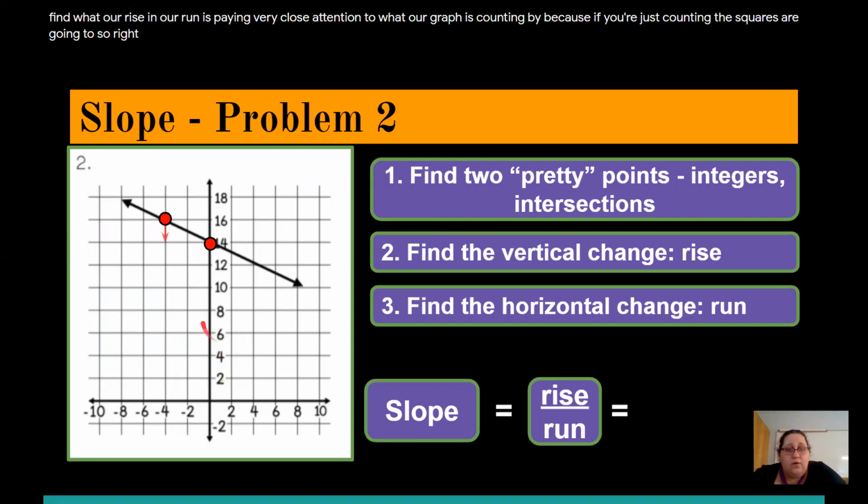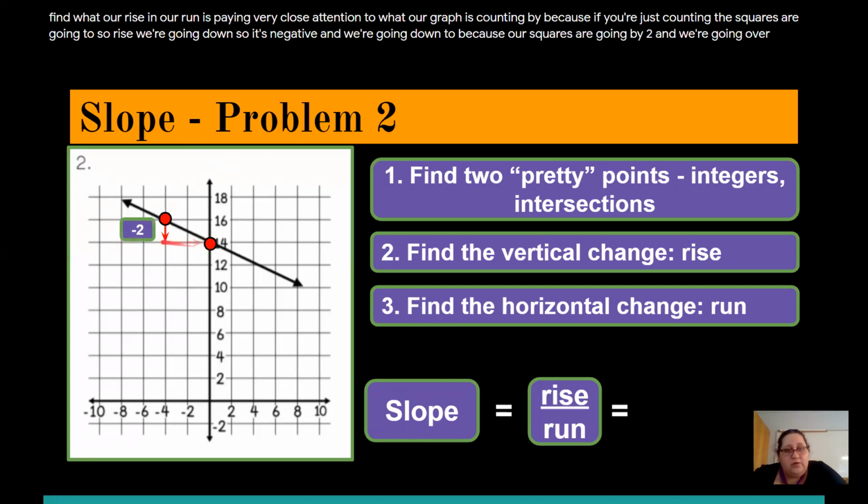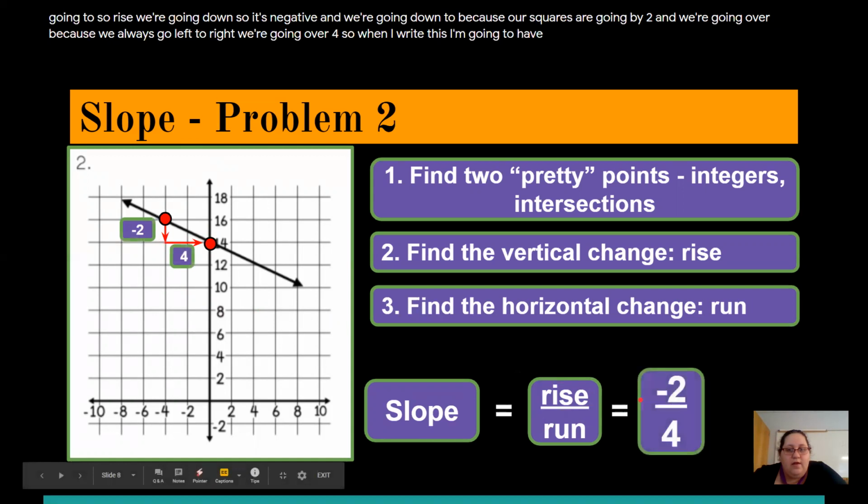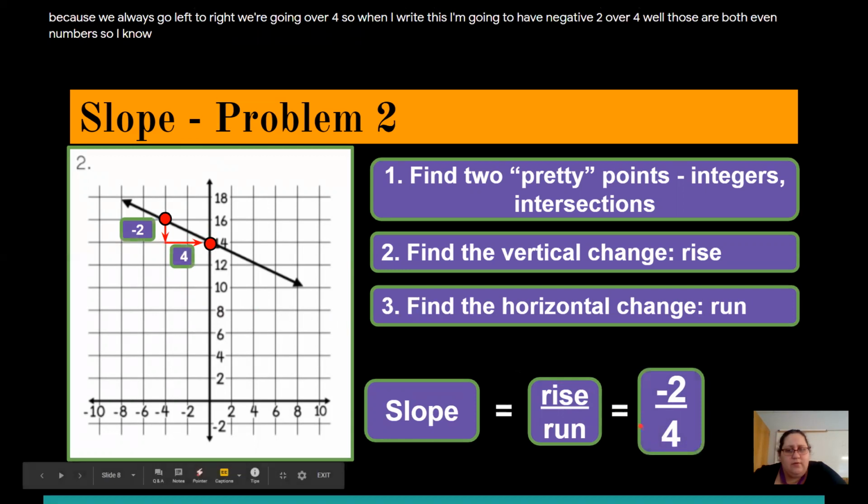So for the rise, we're going down, so it's negative, and we're going down 2 because our squares are going by 2. And we're going over, because we always go left to right, we're going over 4. So when I write this, I'm going to have -2 over 4. Well, those are both even numbers, so I know I can simplify.